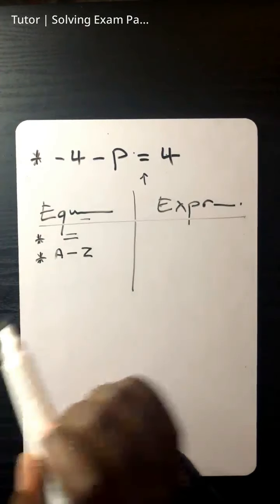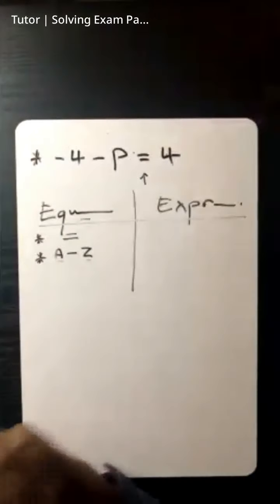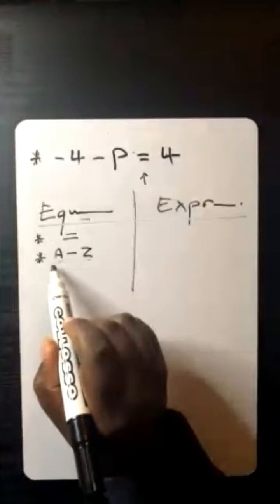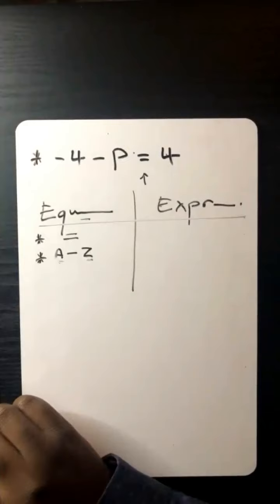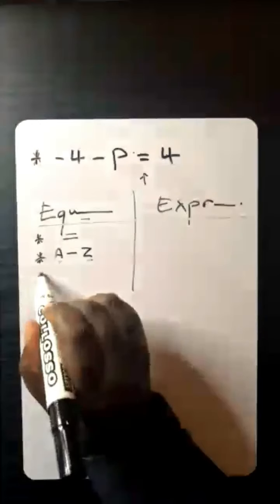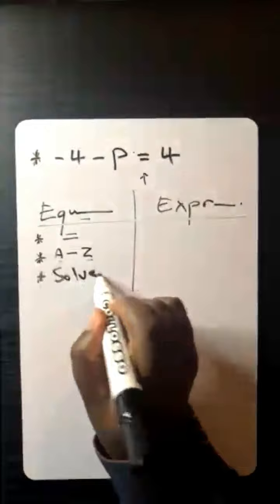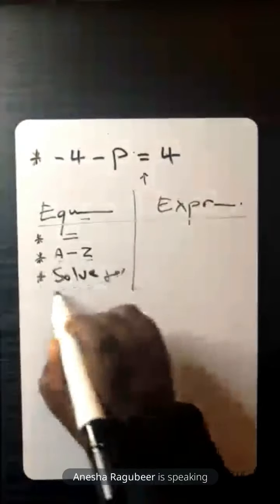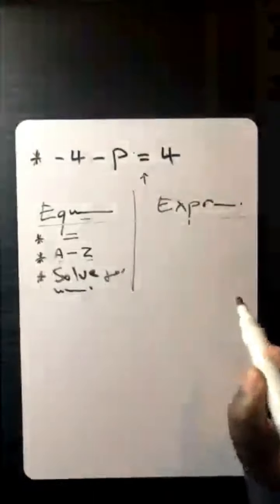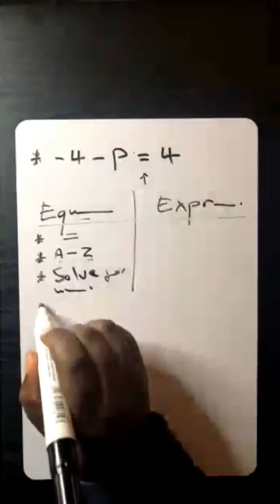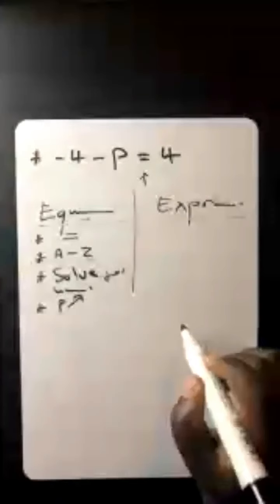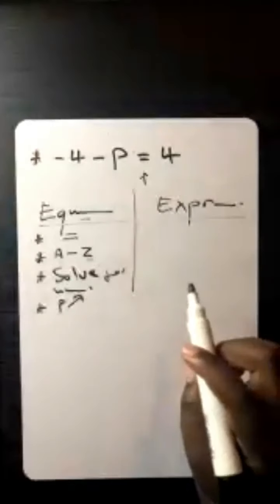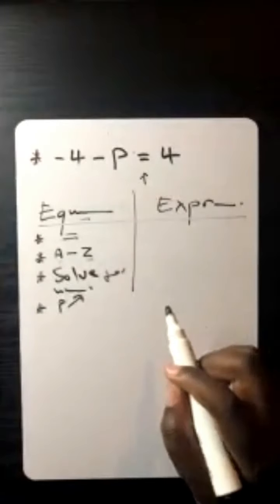An unknown can be represented by any letter, as I've just explained, so it could be A, B, or any letter up to Z. In this case, the problem is given with letter P. So that means we must solve for the unknown, which in that case is P. And you are able to test if your final answer for P is wrong or correct, which is something I'm going to show you shortly.